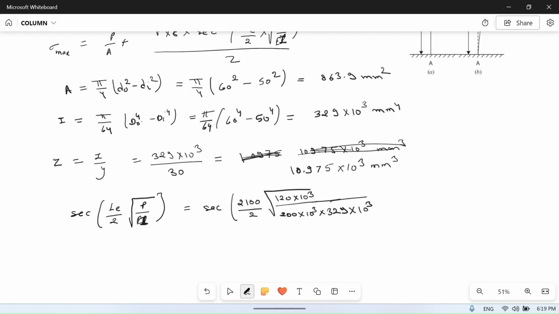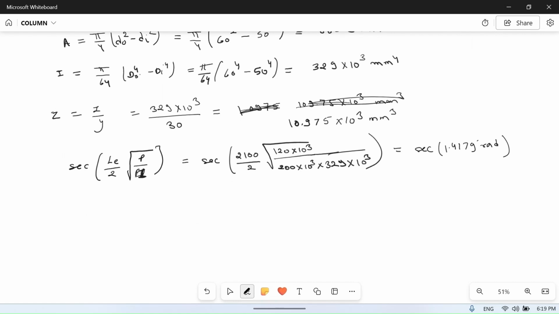Okay, so from here we will get the value of sec of 1.4179 radians. This value is in radians, so we will convert into degrees: 1.4179 into 180 by pi, which is equal to 81.23 degree. So sec 81.23 will be equal to 6.566.